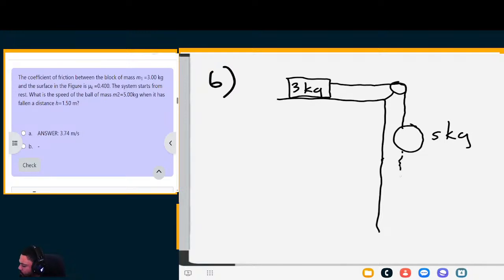This ball is obviously going to fall downwards. And they want to know what would be the speed of this ball if it falls a distance of 1.5 meters.